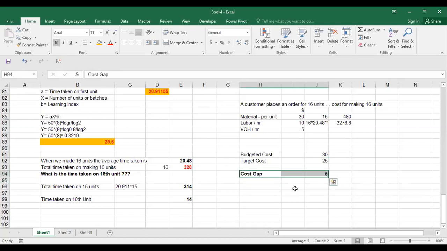It will not work because we are losing $5 per unit. And here your production manager will say that, yes, we are going to lose 5 now, but very soon when the learning curve will apply, this budgeted cost will go down, because right now I am making this based on the initial units, but as the production increases, the learning curve effect will start coming in.